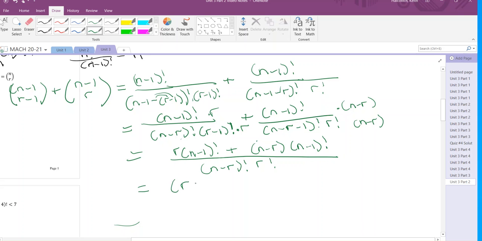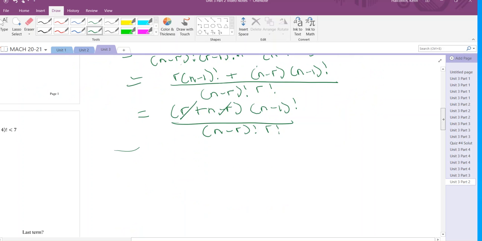So it's r plus n minus r times n minus 1 factorial over n minus r factorial, r factorial. Notice the r's cancel out, and when you multiply n times n minus 1 factorial, you get n factorial. So it's n factorial over n minus r factorial, r factorial, and that is n choose r.